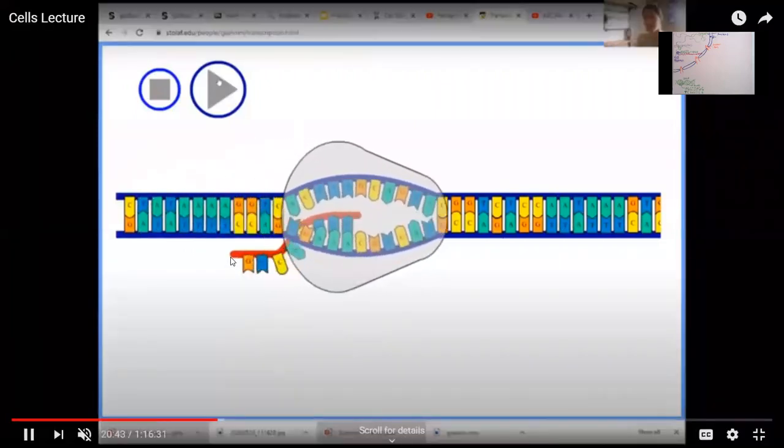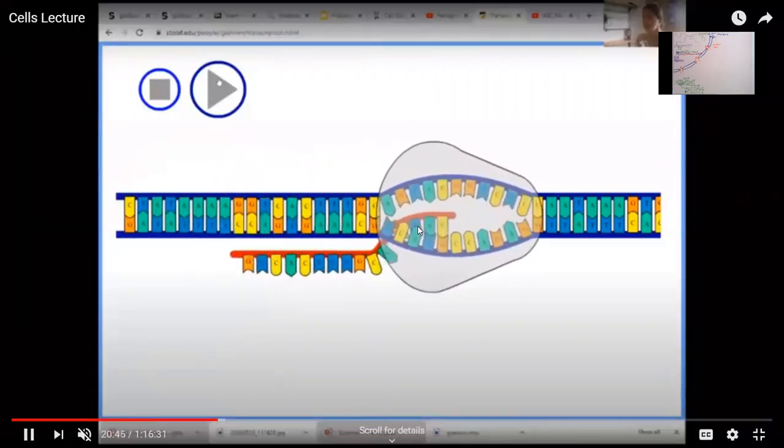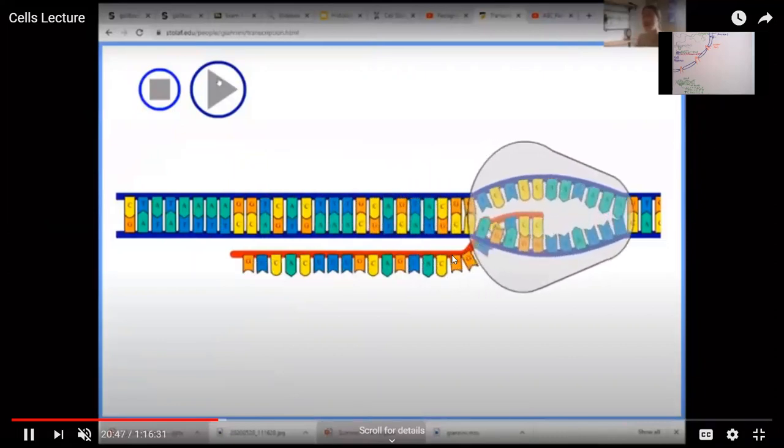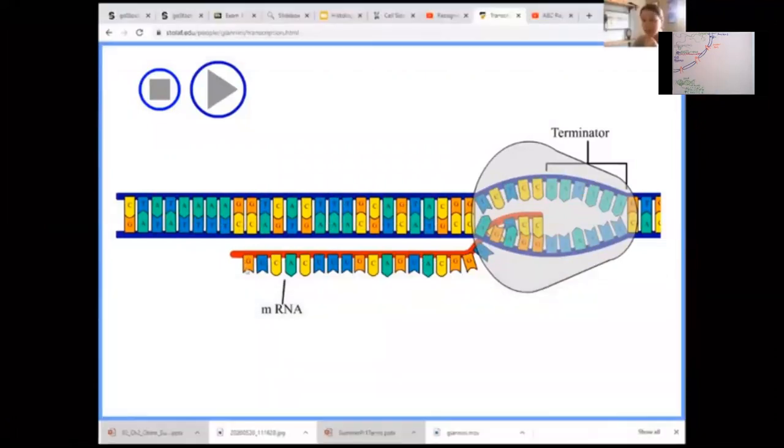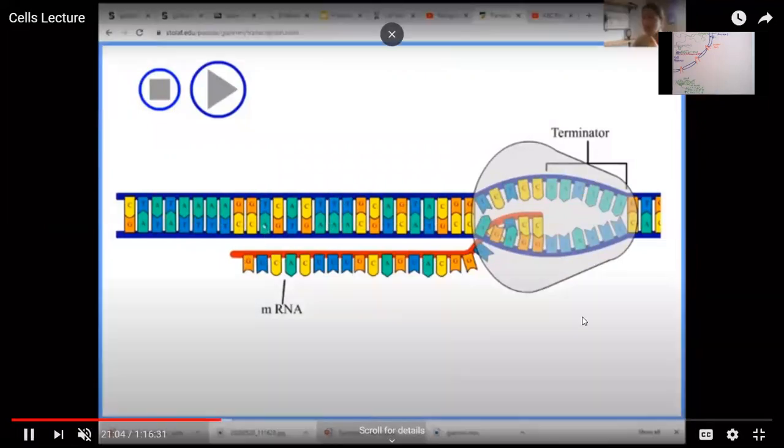And what we can see here is it is joining together these bases to make a copy complementary to the gene in DNA. There is another sequence that's called the terminator sequence. Again, we don't have to know that much about the genetics, but essentially it says, oh, this is the end of the gene. RNA polymerase, your job here is done.